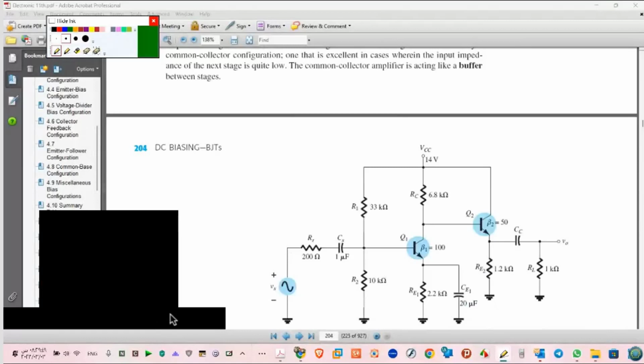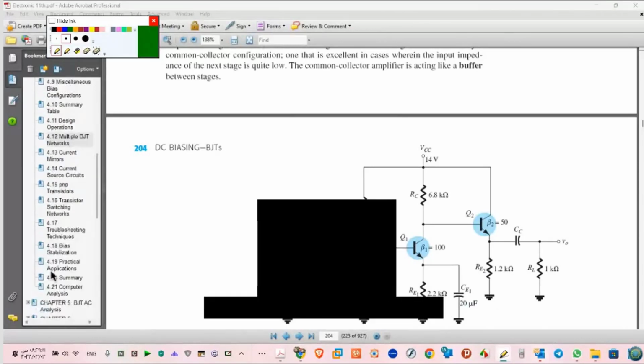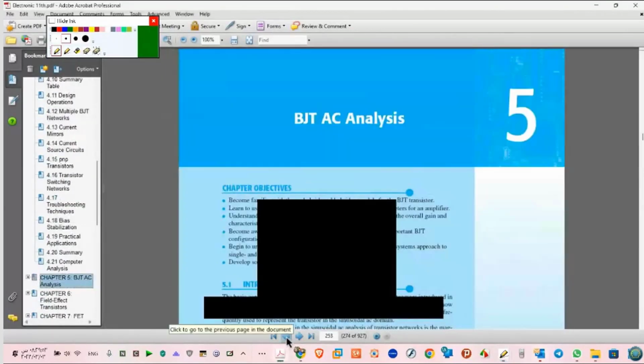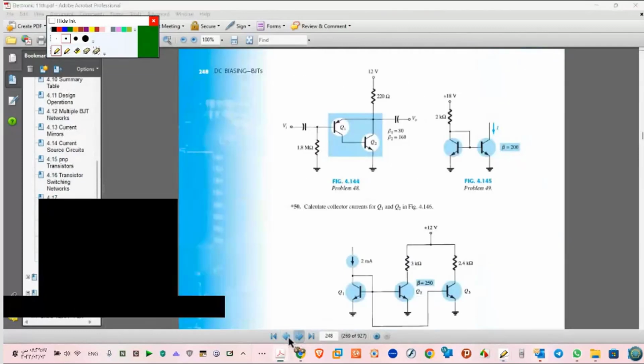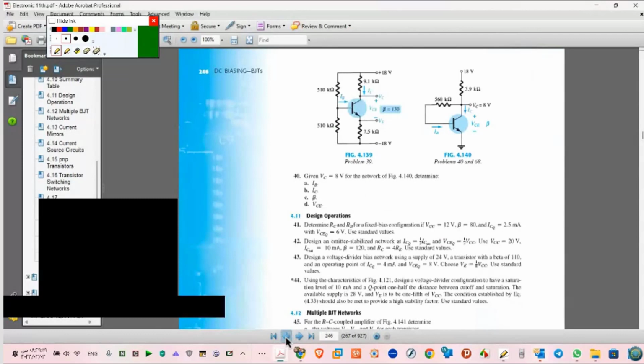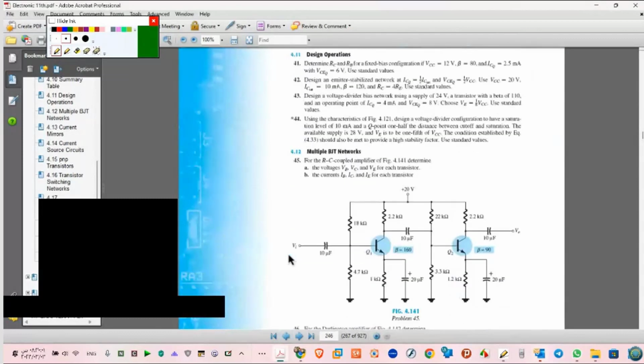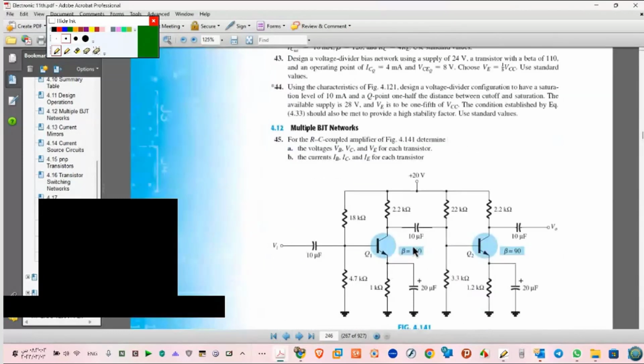Okay, in your book, go to the end of your book. This question is important, you have to solve it at home.